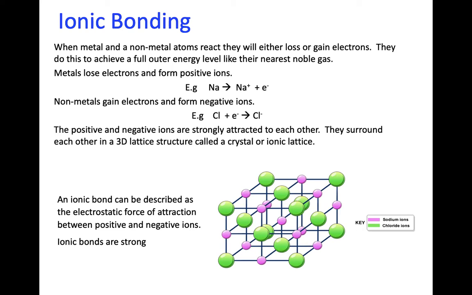These opposite charges, the positive ion and the negative ion, are very strongly attracted to each other, and they start to surround each other in 3D lattice structures. They are called ionic lattices, or sometimes crystals. Our official definition for an ionic bond is the electrostatic force of attraction between positive and negative ions. It's important to note that ionic bonds are strong bonds.